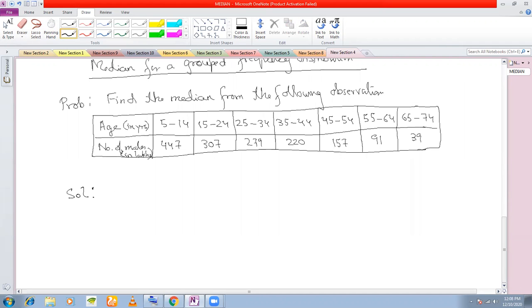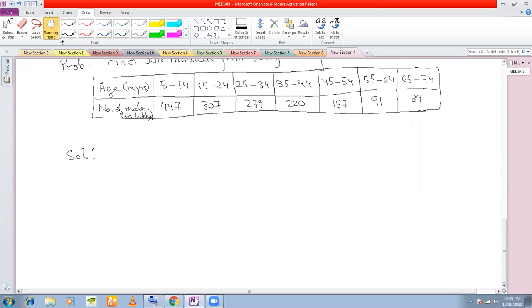Again, 3 columns you will make. But this time what you see in this problem is that the class limits are given. The class boundaries are not given. So we'll first convert the class limits to class boundaries. If you remember in class 10 also I told you, mean you can calculate with the class limits, but for median and mode, you will require the class boundaries.